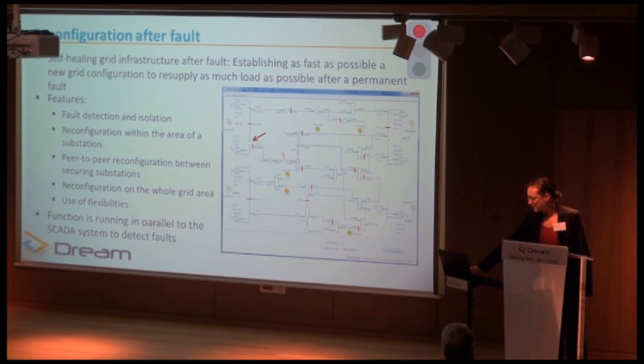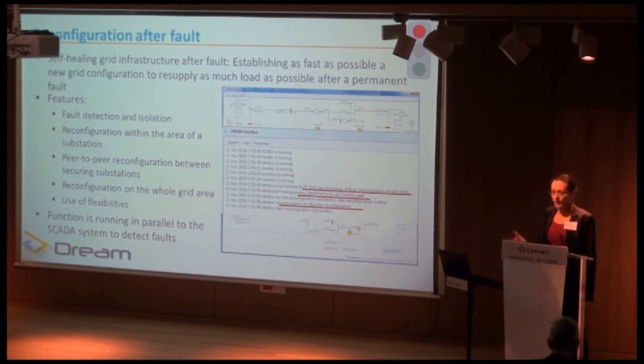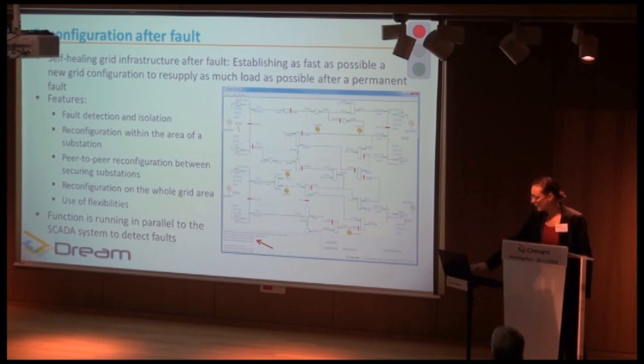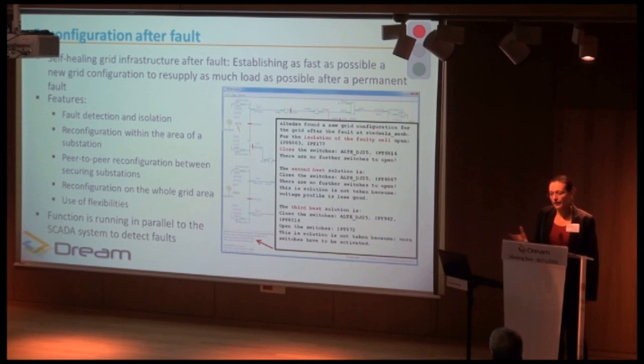Our approach firstly starts by finding the affected areas, by analyzing the fault passage indicators to isolate the affected area and then to resupply the rest. This resupply is done by changing the grid configuration, by opening and closing switches.